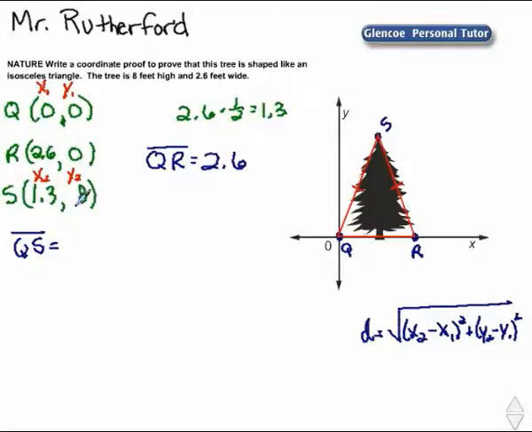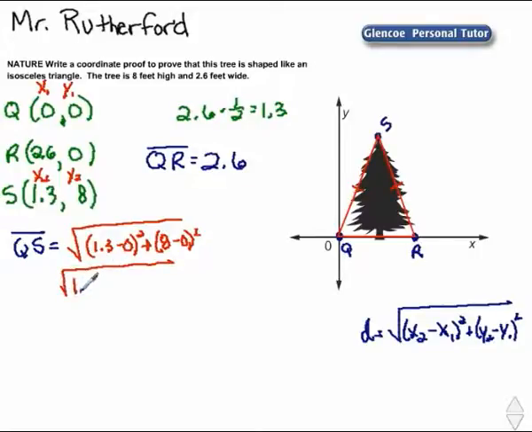So let's substitute these values into our distance formula. So we'll have the square root of 1.3 minus 0 squared plus 8 minus 0 squared. So we'll simplify this, and we'll have 1.3 squared plus 8 squared.